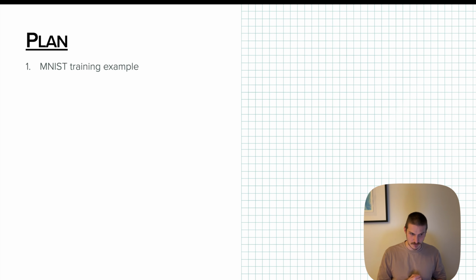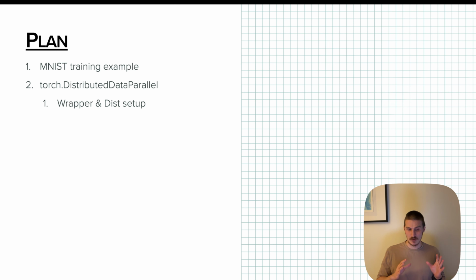We'll start with a simple training example on MNIST digit classification, and then we'll see what we can do to apply torch DDP to that, to parallelize our training. As we'll see, it's a bit more complex than just DataParallel. Apart from the actual wrapper, you'll also need to do distributed setup and launch multiple processes.